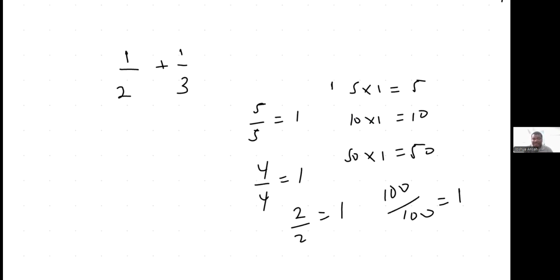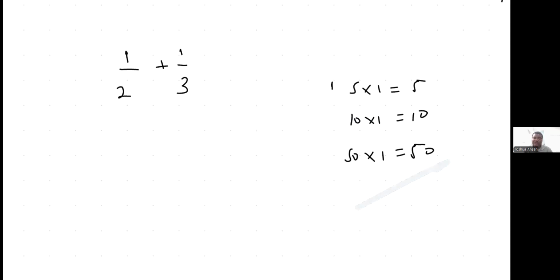So with that idea of multiplication by 1 and division of a number by itself, we'll change the fractions to have the same denominators. Because if I multiply 1 out of 2 by 1, I still get 1 out of 2.